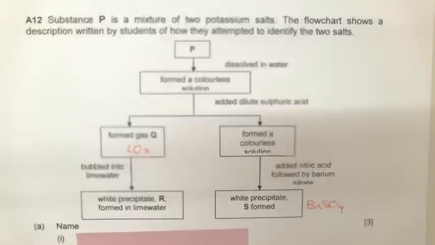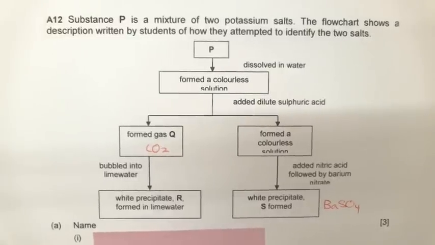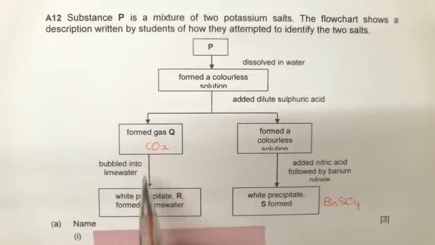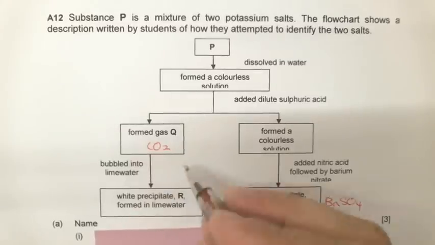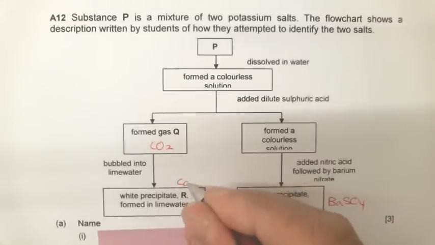Okay, another familiar answer that you can think of is this white PPT. Do you know why the lime water turns milky? Lime water forms a white PPT when carbon dioxide is bubbled into it. This white PPT is known as calcium carbonate.